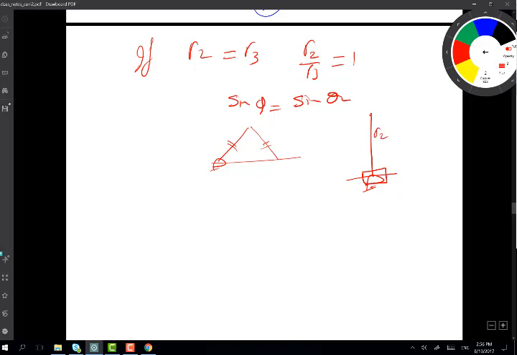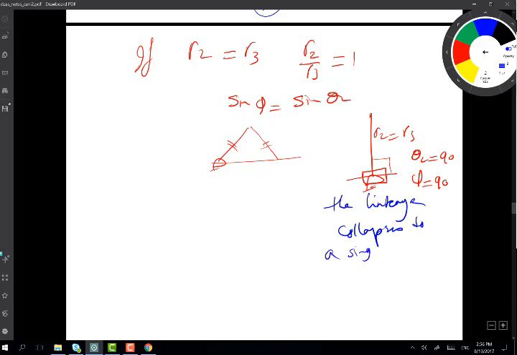If R2 is equal to R3, at theta 2 equal to 90, phi is equal to 90 as well, and then you'll find that the whole linkage collapses to a single line.